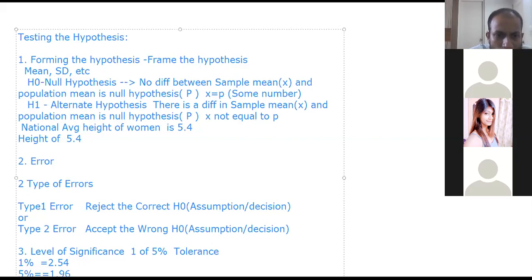Critical values of Z. Okay, it is somewhere around 2.58.